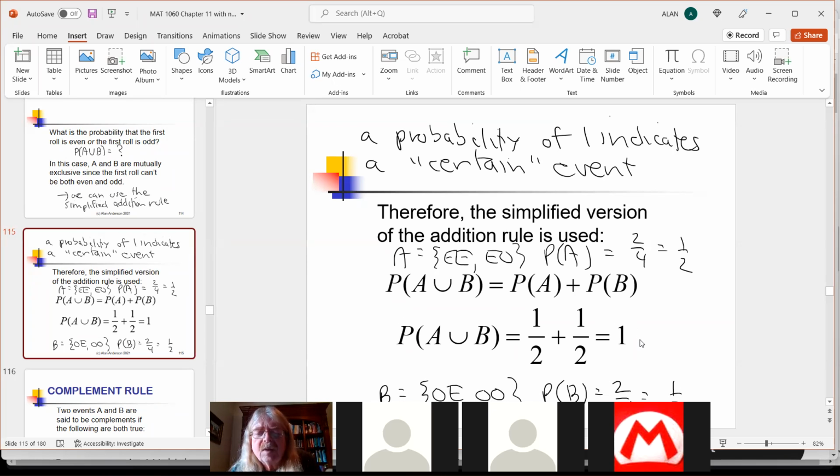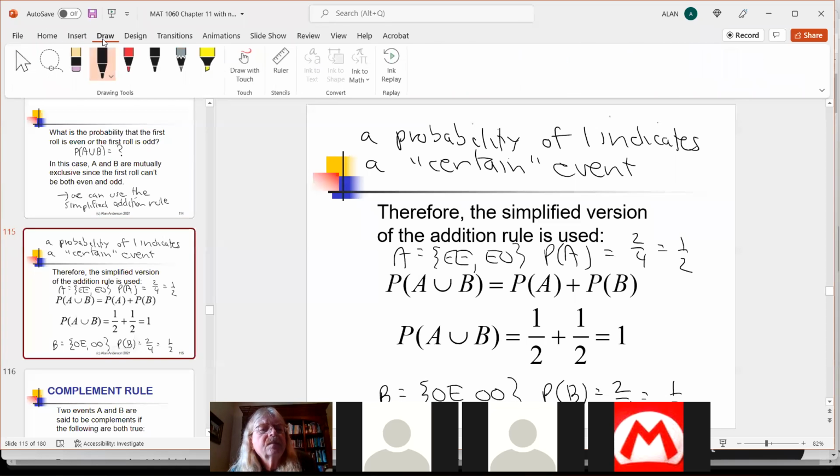That union has a probability of 1 because, in fact, we already know this.